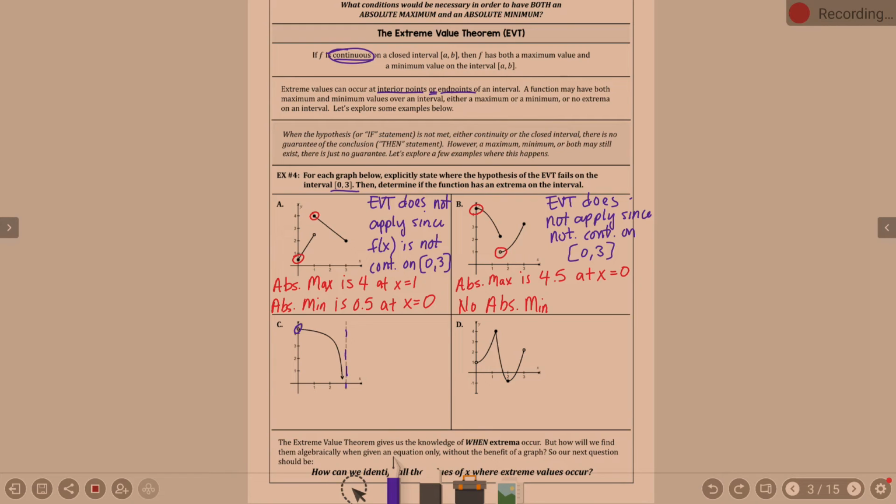So, officially, I'm going to say EVT does not apply because it's not continuous on the closed interval 0 to 3.